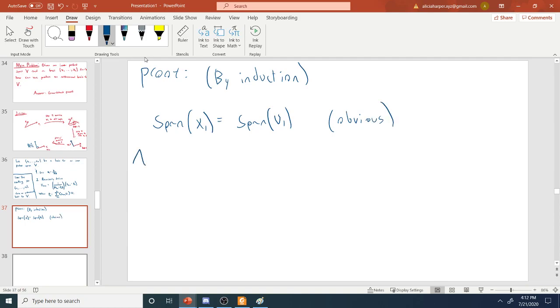And now we assume that the span of x1 through xk is equal to the span of u1 through uk.